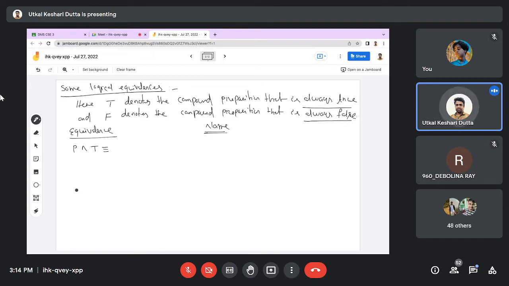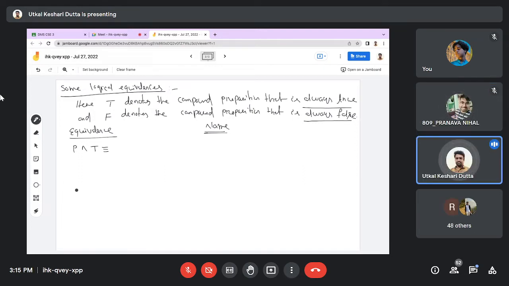T means tautology, always true. So it depends fully on P. When P is true, T is always true, so that will be true. When P is false, P conjunction T is false. So that will be the same as P.